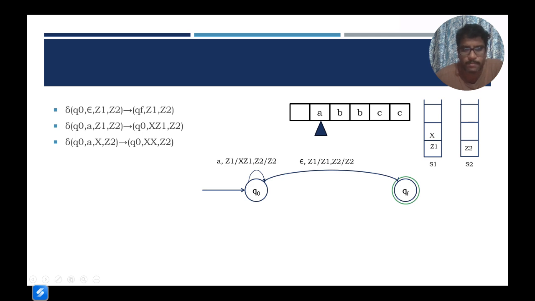Clear? Now see how this conversion is represented in the diagram. A is converted into X and placed on top of the stack.